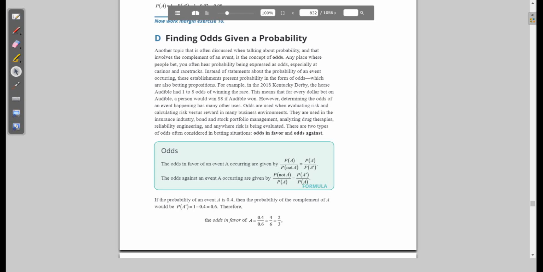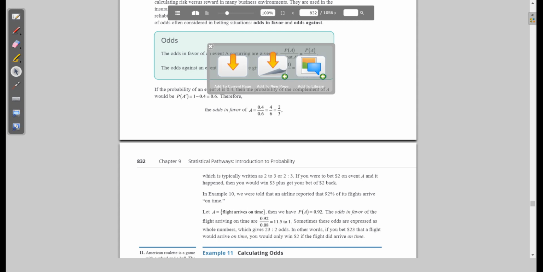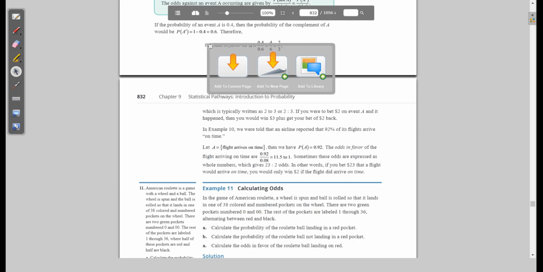That way things will look a little bit better. All right, so I probably didn't have to do that, but I like things to look a little bit nicer and neater.